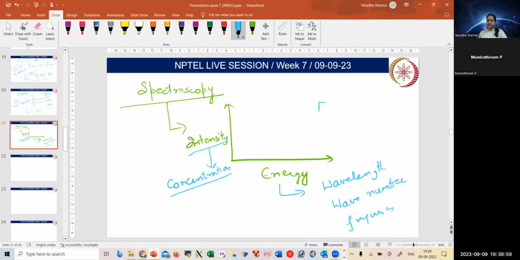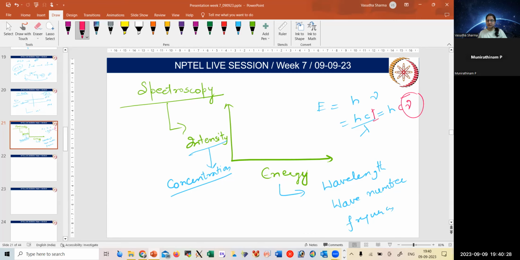So we know that E equals h nu, which is hc by lambda, or h nu where nu is c by lambda, or we have hc into nu bar. This is your 1 by wavelength, that is wave number. So 1 by wavelength is nothing but the wave number.